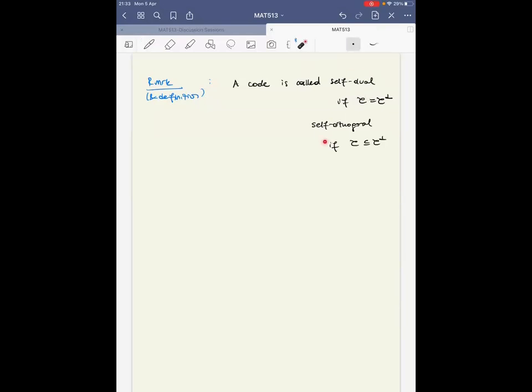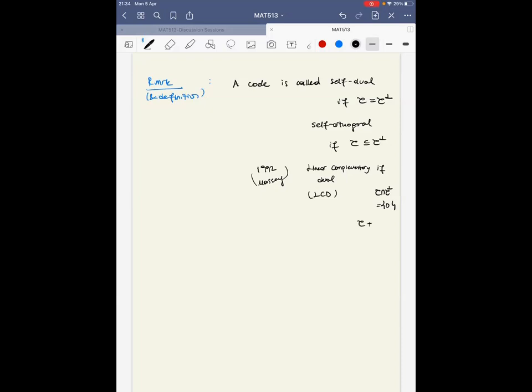And these are indeed folklore definitions, but very recently, actually in 1992, another code family was defined, which is called linear complementary dual, or LCD. In short, a code is LCD if it has trivial intersection with its dual.